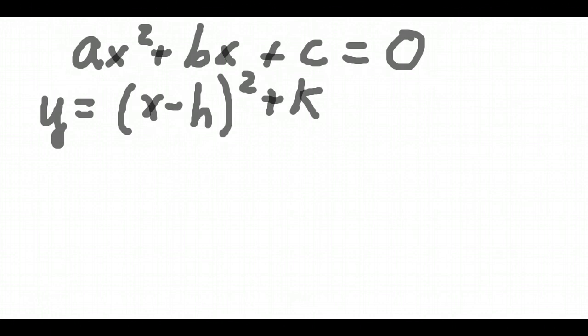Okay, so let's talk about each of these pieces. So we have y equals, we know the y. So open parentheses, x minus h. So the x in this is its axis of symmetry.